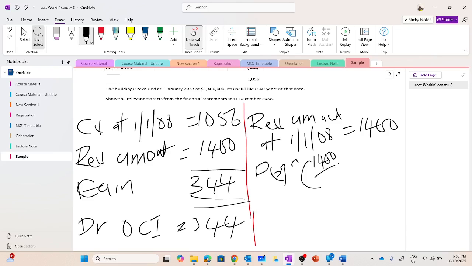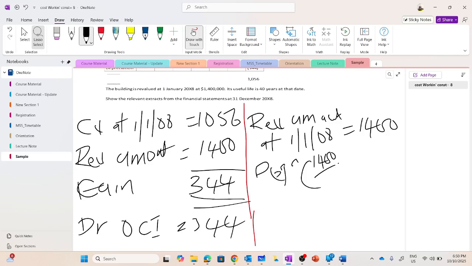So therefore, the carrying value at 31st December 20x8 will equal 1400 minus 35, so 1365 will be the carrying value.